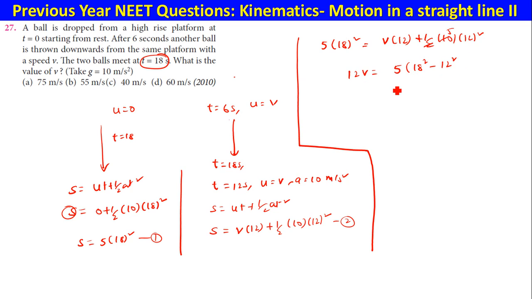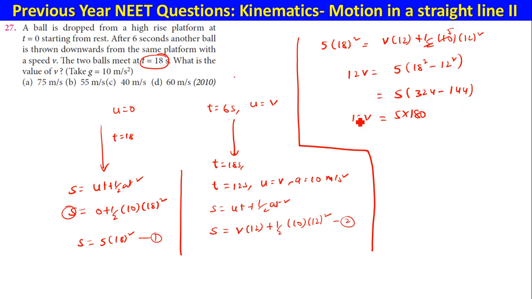So 5 is common. 18 square is nothing but 324 and 12 square is nothing but 144. Okay, 5 into, so this is 324 minus 144, which is 180.